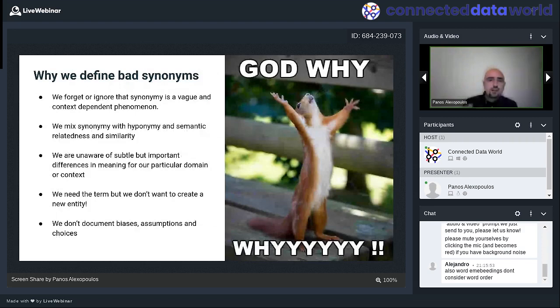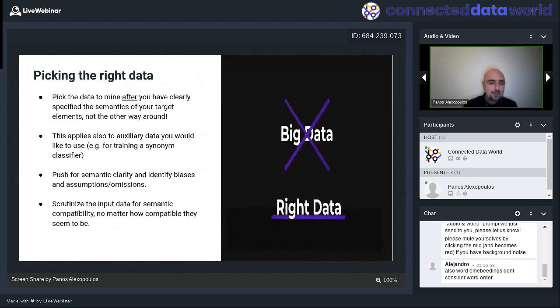So the lesson here is to pick the right data, right? And it comes a bit as opposite to the big data obsession that we had the last years. That we have big data, we're going to get meaning out of them definitely. At least for knowledge, when we want to build knowledge graphs, it's important to have the right data rather than big data.